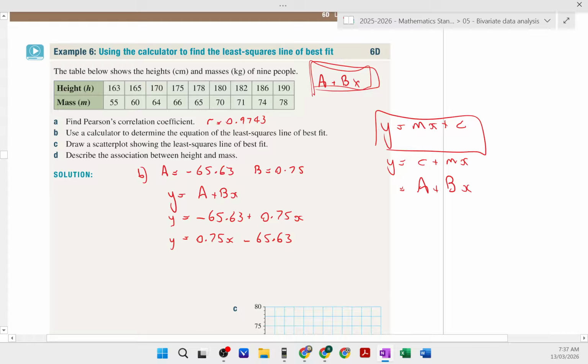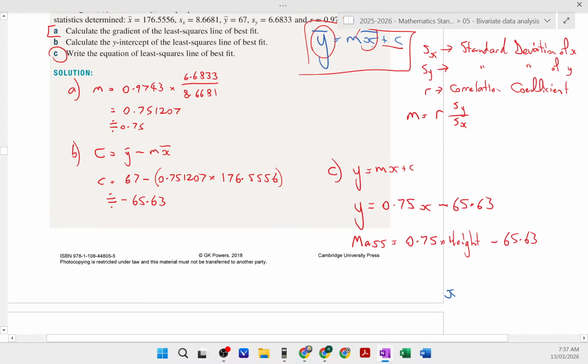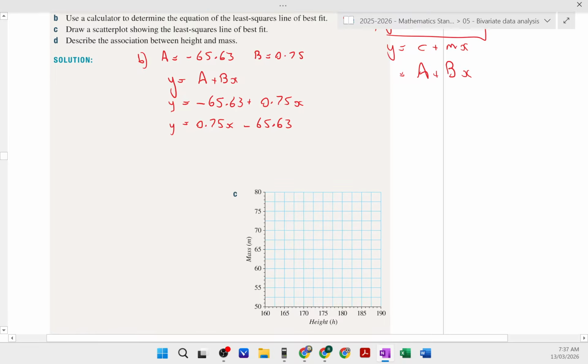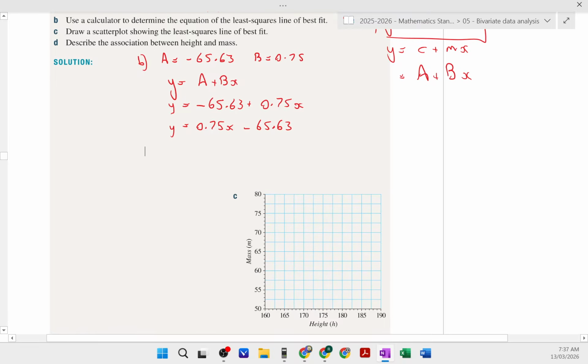Hopefully you'll recognize that if I scroll back to the previous question, that looks a lot similar. We've been given the data from that previous question, and now instead of already having those numbers, we've put the data into the calculator and found those numbers, and yet we still get the same equation. So everything is good.